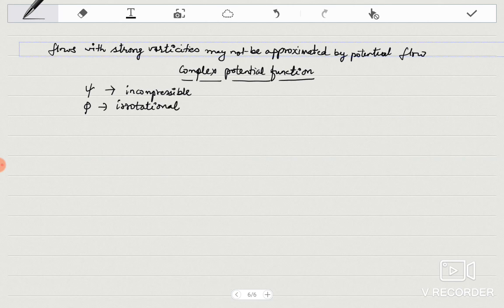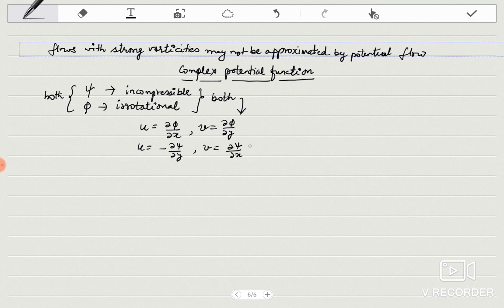If I need both, then my fluid should be incompressible and the flow should be irrotational. Under the existence of both conditions, u was defined as ∂φ/∂x, v as ∂φ/∂y. And similarly, in terms of psi, u was defined as ∂ψ/∂y, and v was −∂ψ/∂x.